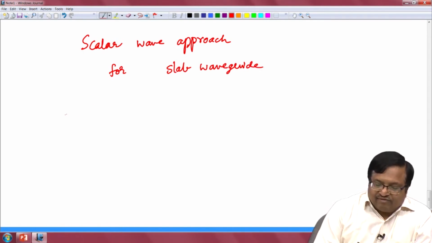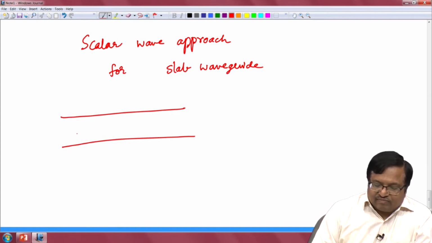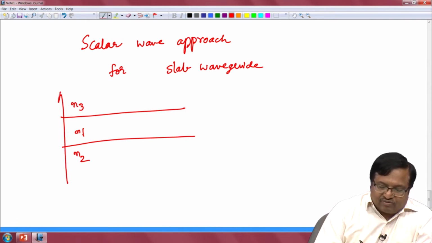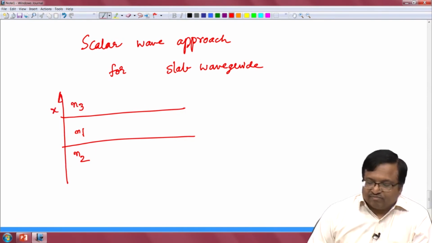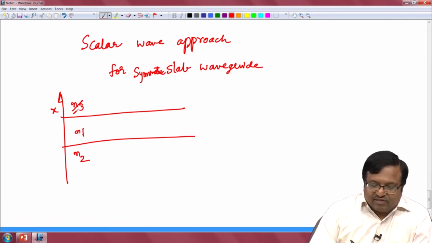So the slab waveguide, the geometry is like this, where you have a refractive index n1 in the guiding region, n2 in the substrate region and n3 in the cover region, and I will put the axis x, and I will take a specific case of a symmetric slab waveguide. A slab waveguide can be called symmetric when the superstrate also has a refractive index n2.